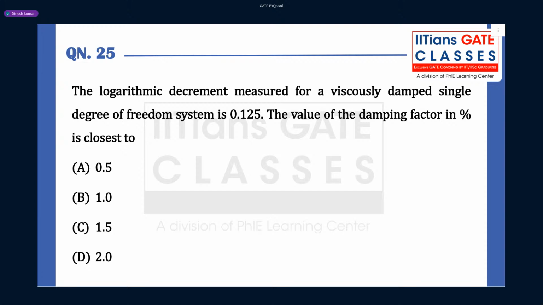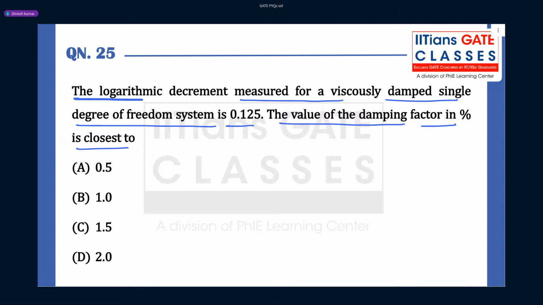The first question says the logarithmic decrement measured for a viscously damped single degree of freedom system is 0.125. Delta is given. The value of damping factor in percentage is closest to.